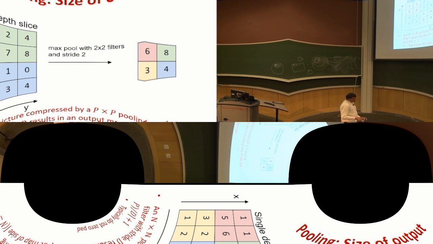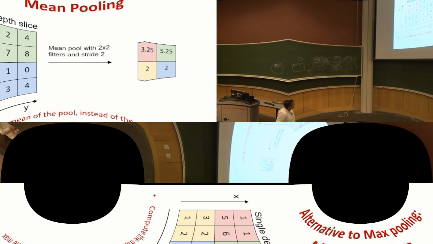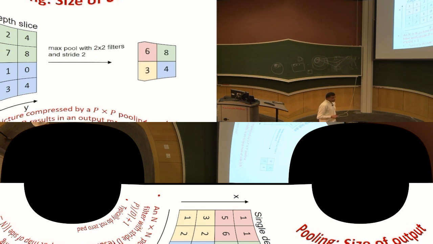Observe that this conversion is non-linear because the location that's being picked over here can be very different from the location that's being picked over here or here or here. Within each block, the transformation is different from the next block. So the max pooling operation is a non-linear operation. You can replace this non-linear max operation by the mean.